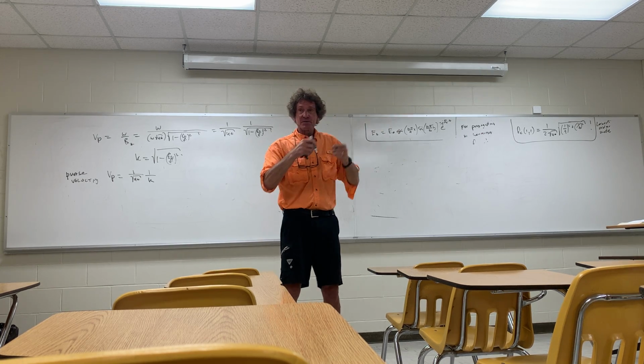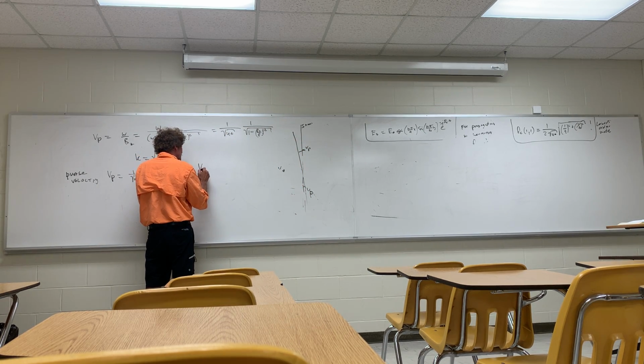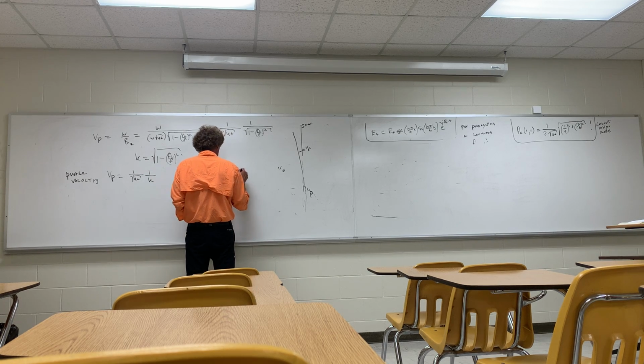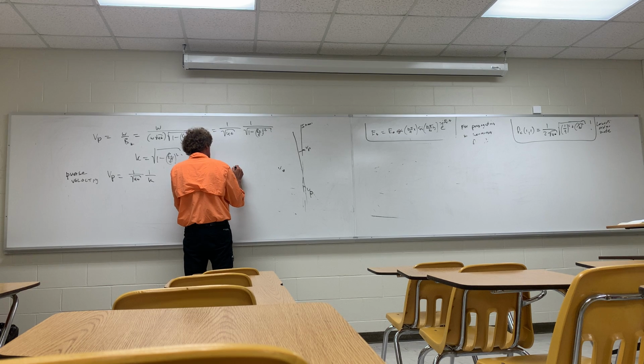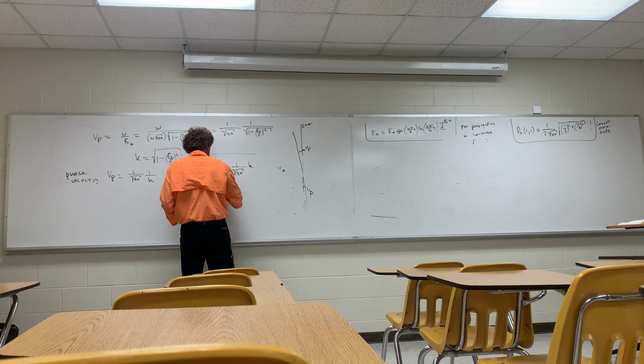Now, the actual velocity of energy flow, which is important, this is phase velocity. The velocity of energy flow, either V group or V sub E, the velocity of energy propagation, will be 1 over the square root of mu epsilon times K. That's energy flow.